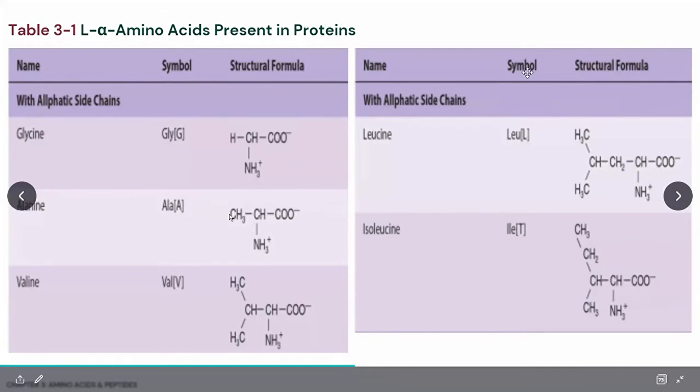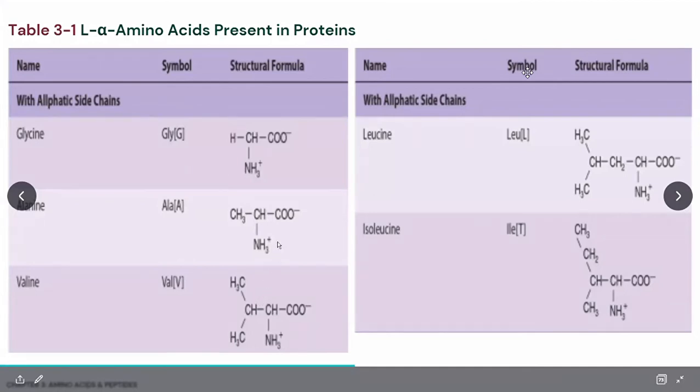Okay. Now this one. That's your carboxyl group. That's your alpha carbon. That's your beta carbon. No? So this is a branch chain. So two carbon groups are attached to your beta carbon. So you have two methyl groups attached to your beta carbon.